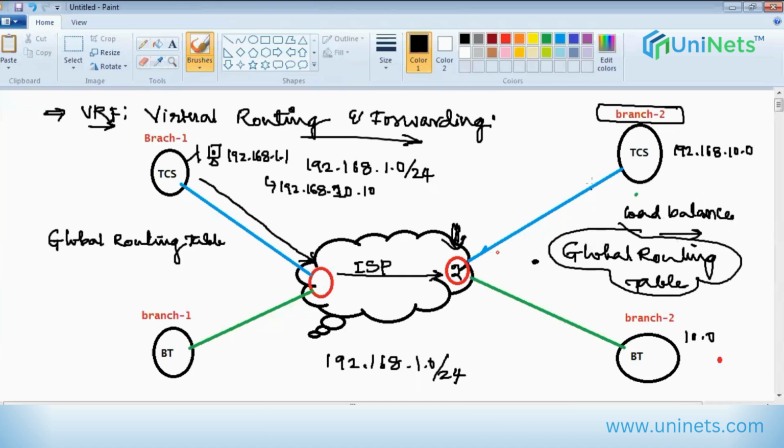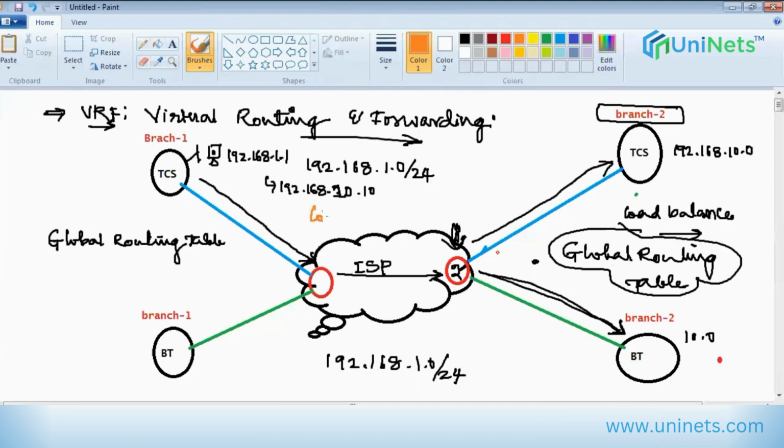That means half the traffic goes to TCS and half the traffic goes to BT. Half of this traffic is not allowed to go to BT, but I'm still sending it there. That is not what needs to happen.